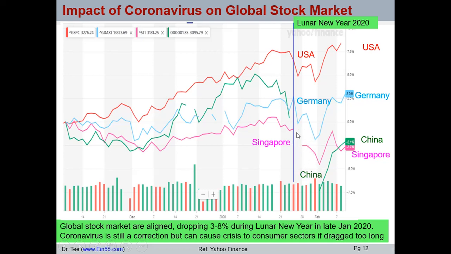So that's why the accumulation of fear caused the China market to drop roughly 8% when it reopened, probably a few days ago. At the same time, on average, I would say 3 to 8%, the markets actually fell, and this is very reasonable.